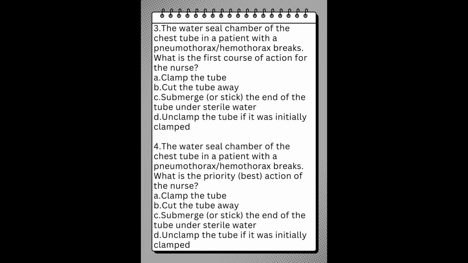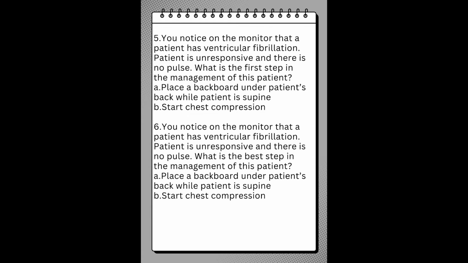What's the difference between number 3 and 4? Number 3 says what is the first course of action. Number 4 says what is the best action of the nurse. What is the patient having? The patient's water seal chamber breaks. However, the patient has pneumothorax and hemothorax. Let's hold on to number 3 and 4 and then move to number 5 and 6.